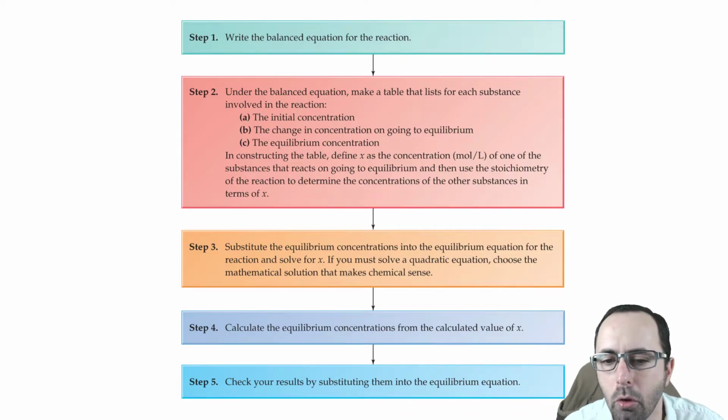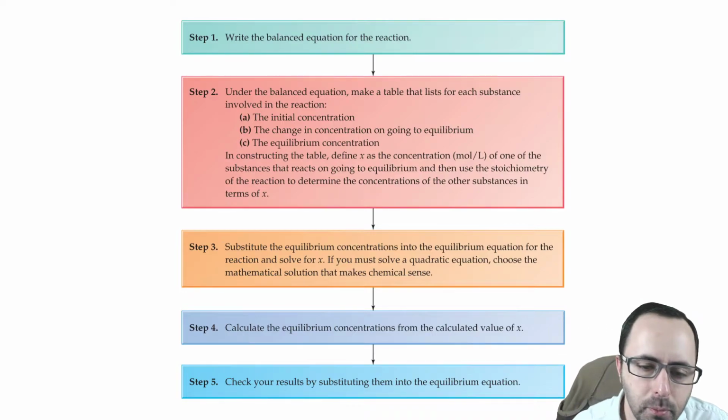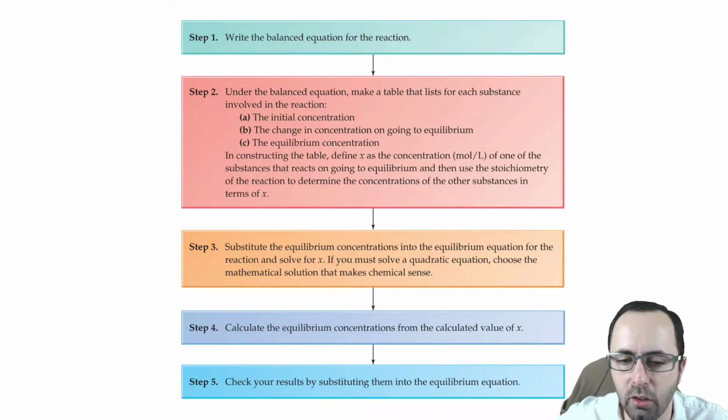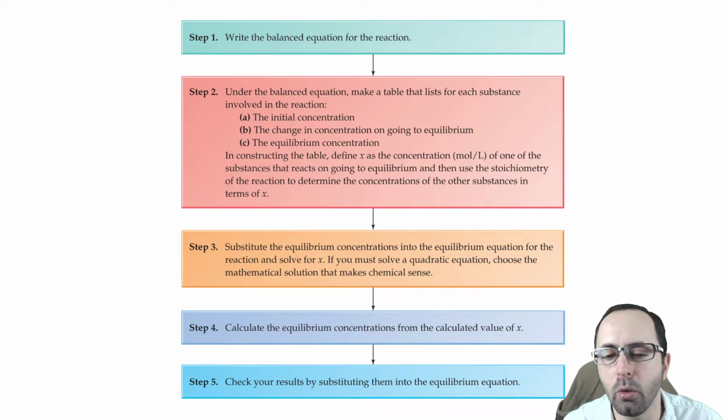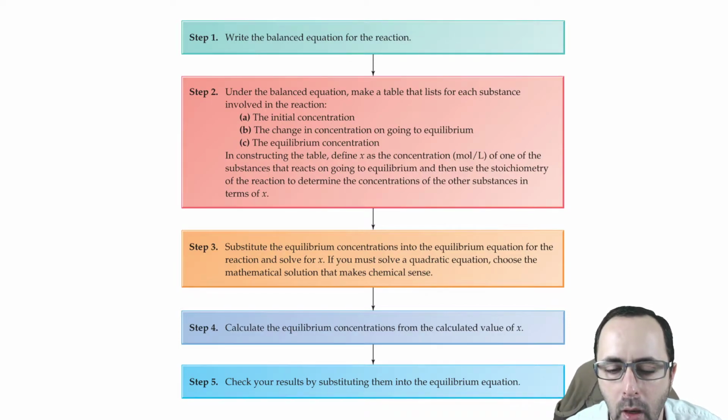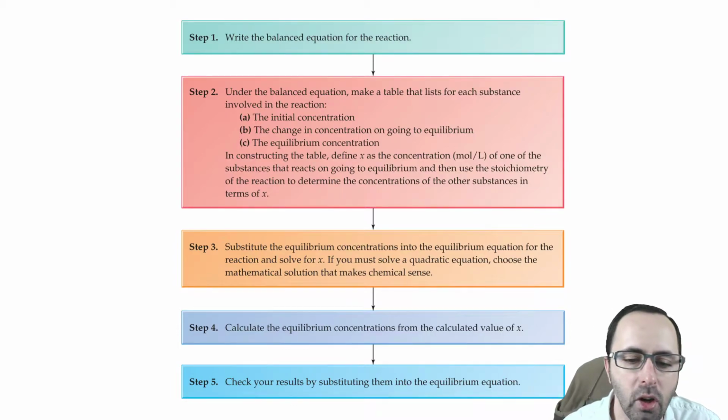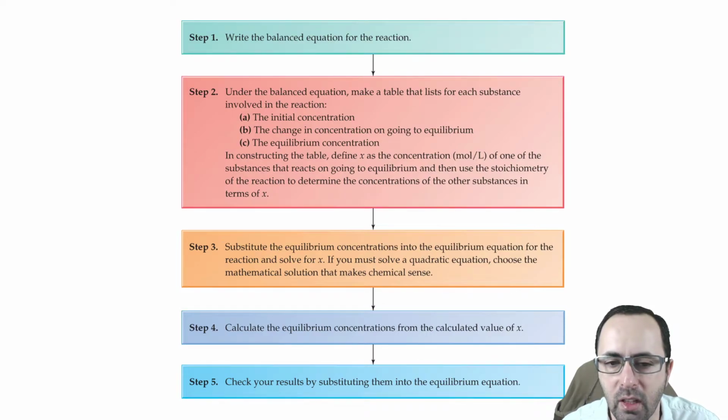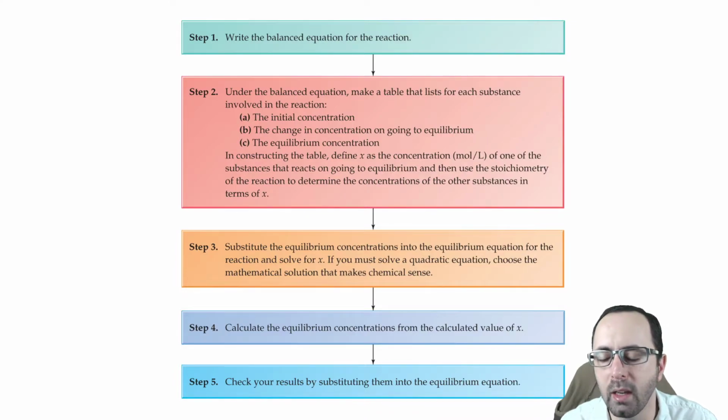So we'll make the table and we'll define the changes in terms of the variable X. Because we won't know what the changes will be, but that's what we're going to want to try to determine. And then we'll substitute our equilibrium concentrations, which are stated in terms of X, and solve for X. And then once we've solved for X, we can calculate the equilibrium concentrations, and we can substitute them into the equilibrium equation. So this is a quick rundown of the steps.